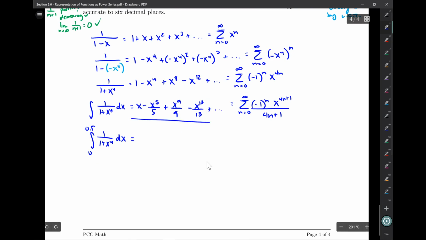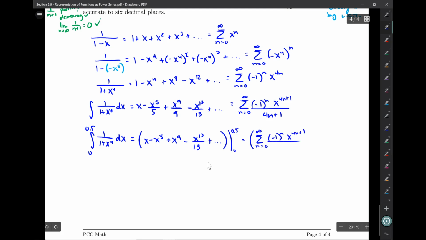So that means since this is the antiderivative, I'm essentially taking this thing and evaluating, oh, I need my plus dot dot dot, evaluating it from 0 to 0.5. Similarly, I am taking this power series and evaluating it from 0 to 0.5.